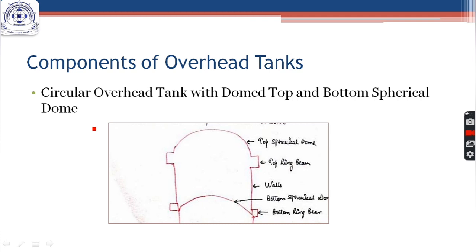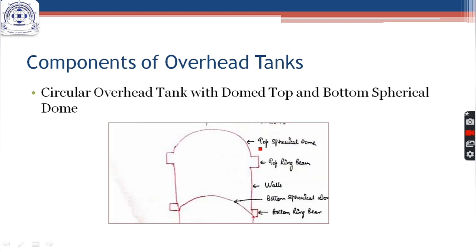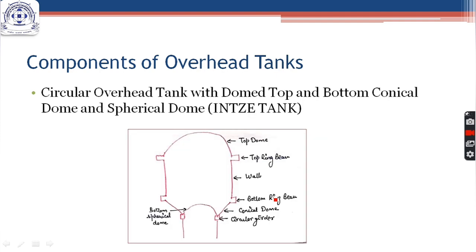Next we have the circular tank with domed top and bottom spherical dome. Here the top as well as the bottom of the tank are spherical domes. As you can see here, this is the top spherical dome and the bottom spherical dome. And last we have the circular tank with top dome and bottom conical dome and spherical dome.